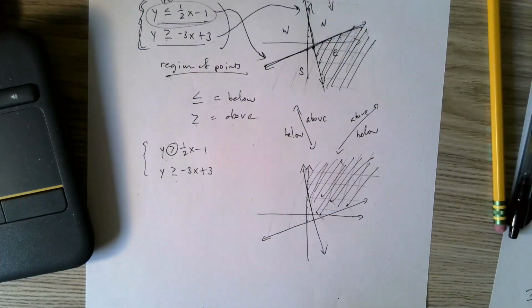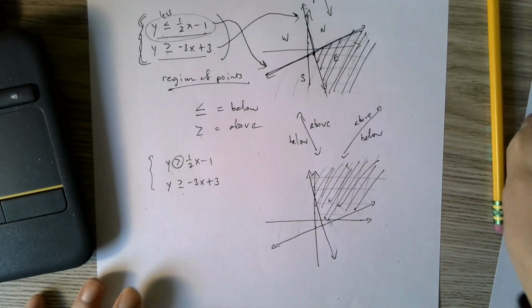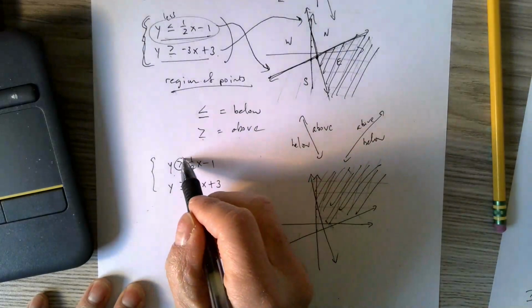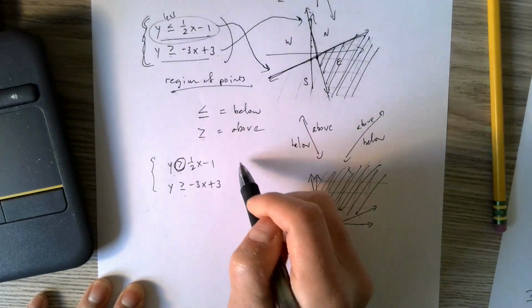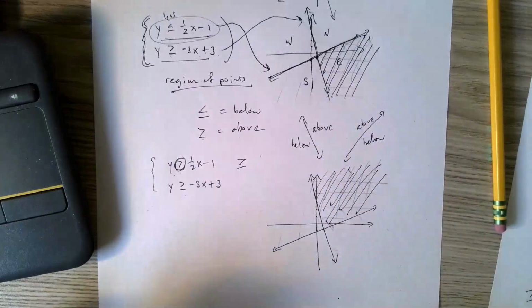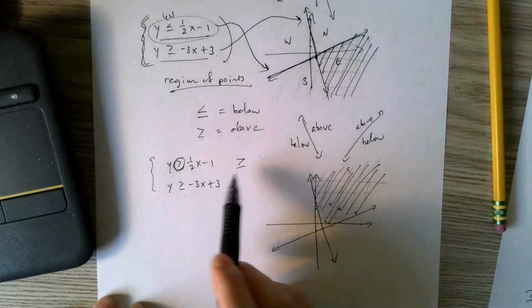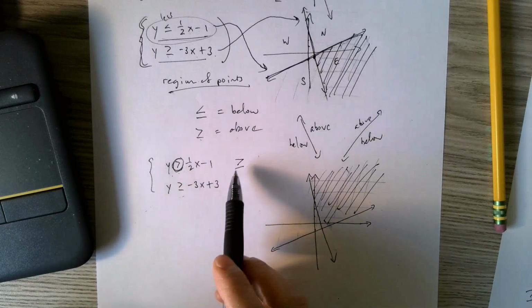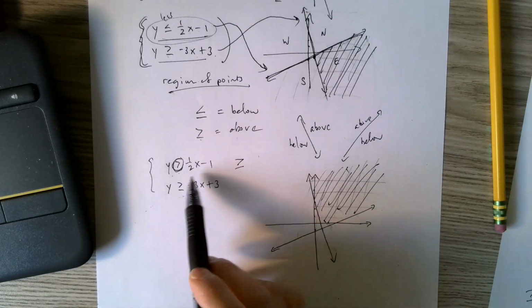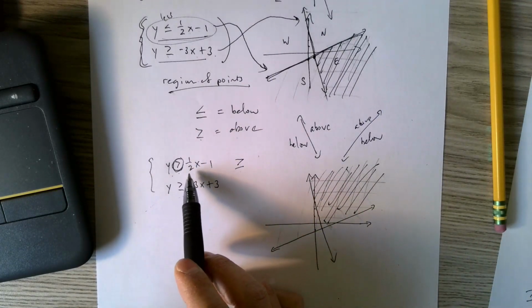However, there's something wrong here because this inequality says greater than. It does not say greater than or equal to. So there's a difference there. So we need to know, what does it mean when it says greater than or equal to versus just greater than?